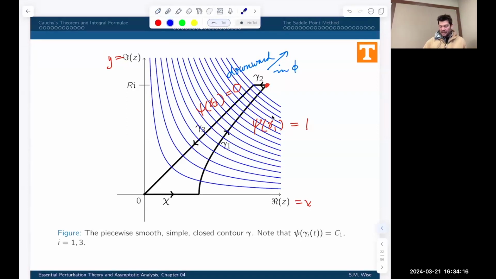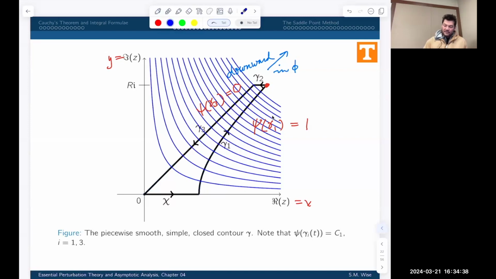So that's going to guarantee for us the other parameters that we asked for, namely that phi should be decreasing along this curve with its maximum here at chi. And same here. That's because these are the level curves of phi, and they're clearly going to be in the decreasing direction.